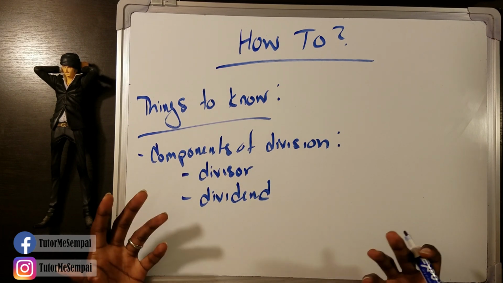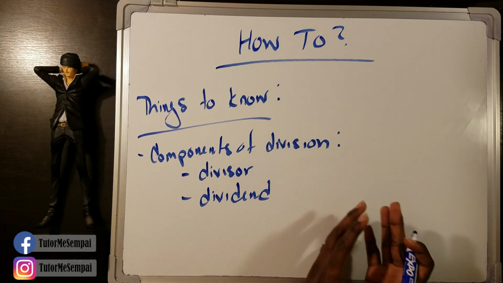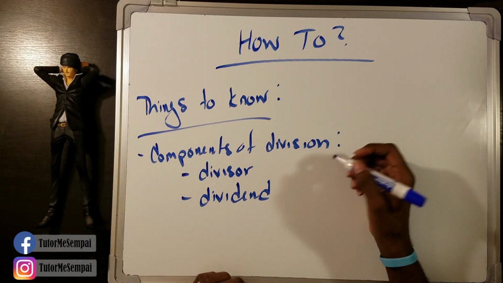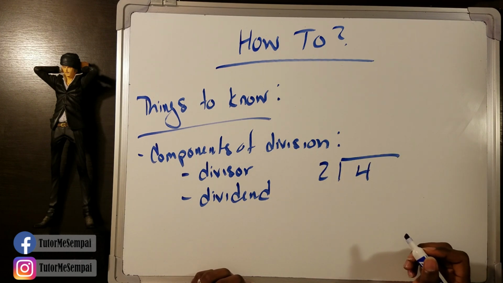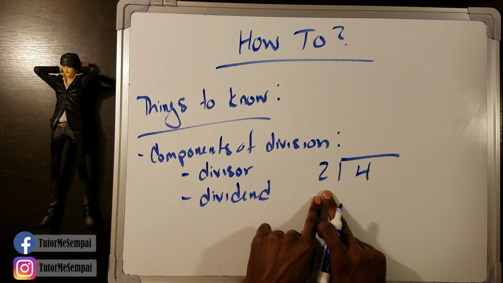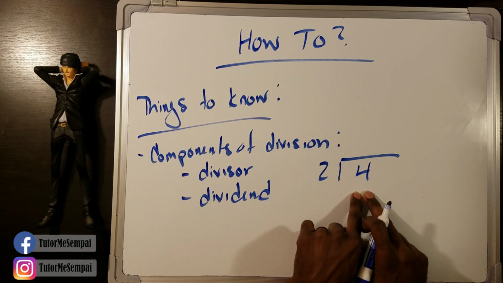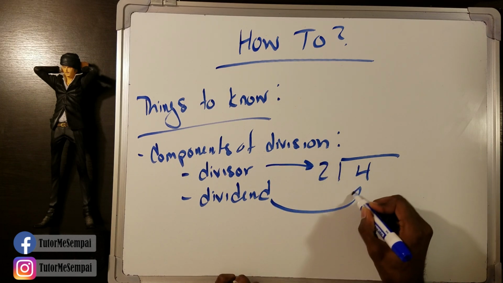If you don't know what a divisor and a dividend are, don't worry. Your divisor is what's outside of your division sign. So if you have something like a 2 and a 4 like this, outside is your divisor. Inside is your dividend. So divisor, dividend.